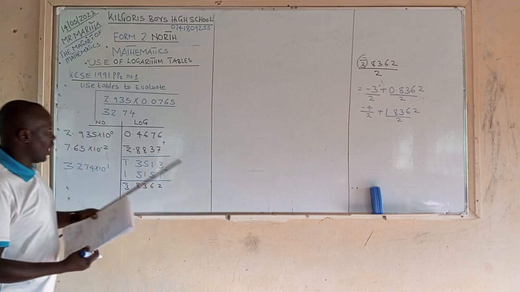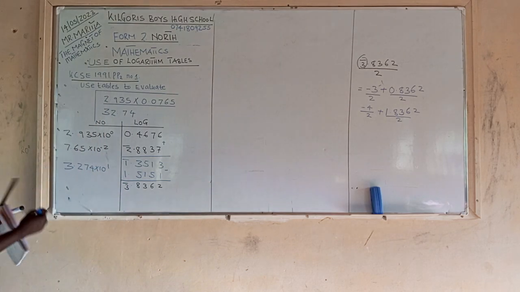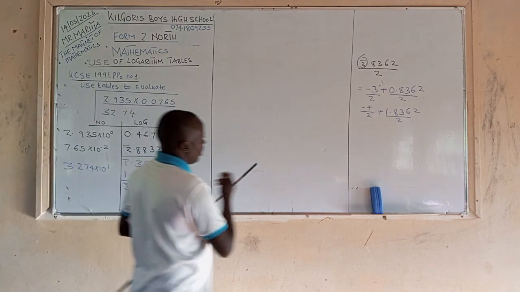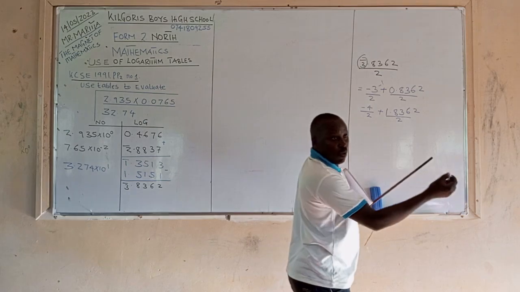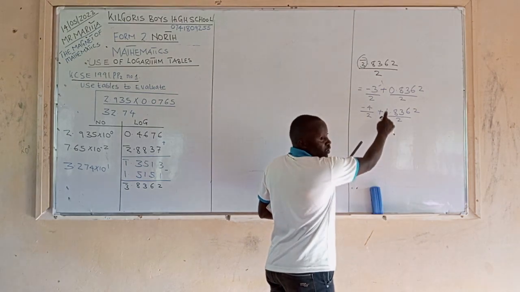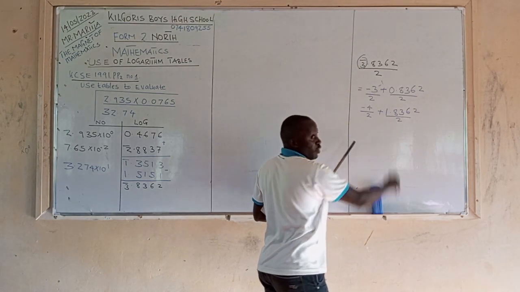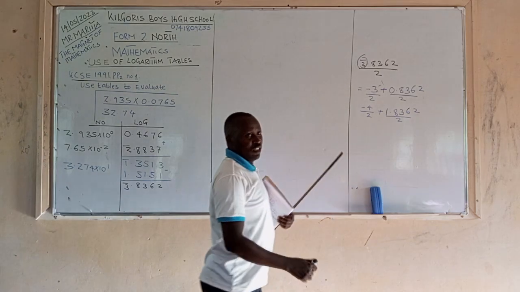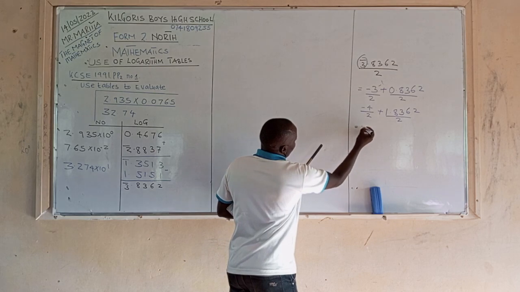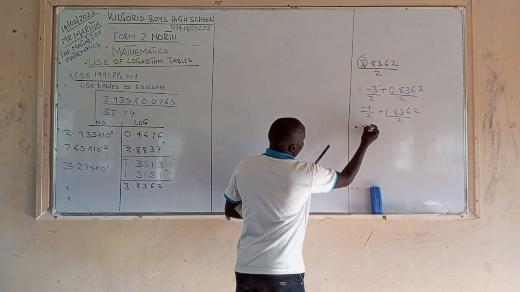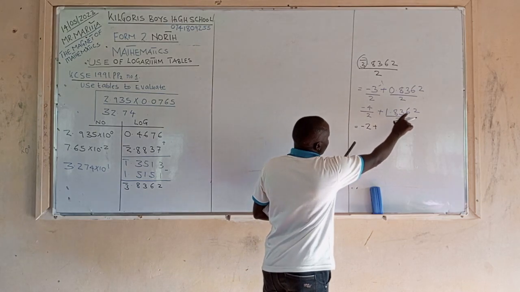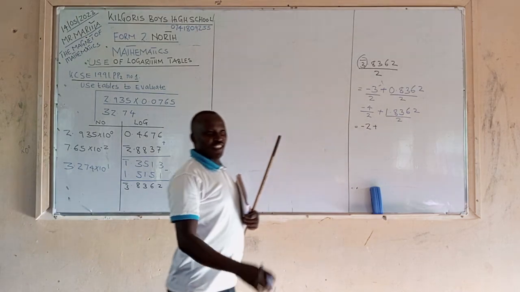So if you can now work out that one, you divide it by 2, you can get negative 4 over 2, then plus, what is 1.8362 divided by 2?